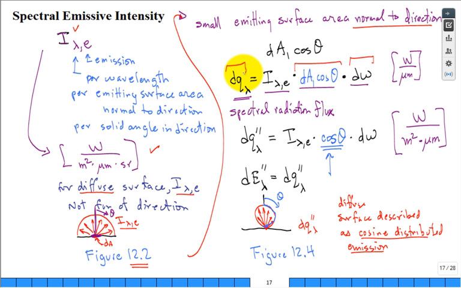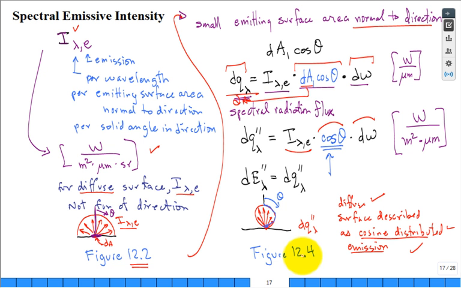You put a double prime on this because actually this is not the flux yet. I bring the area over, I divide by the area, dA, then it becomes the flux. So it's this constant for a diffuse emitter, cosine of theta, and the magnitude of the solid angle. That's why sometimes you'll hear that a diffuse emitter is described as having a cosine distribution for the emission.